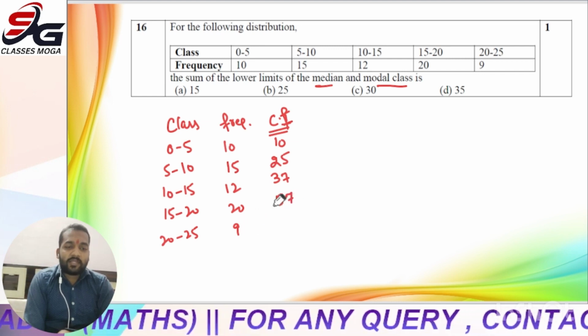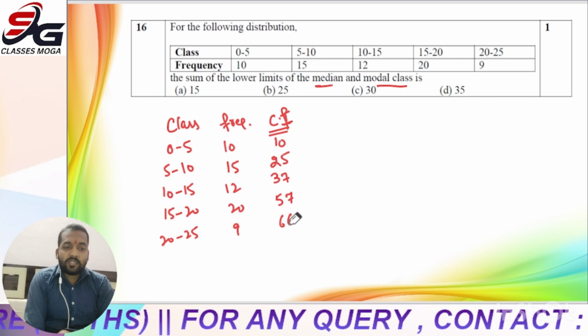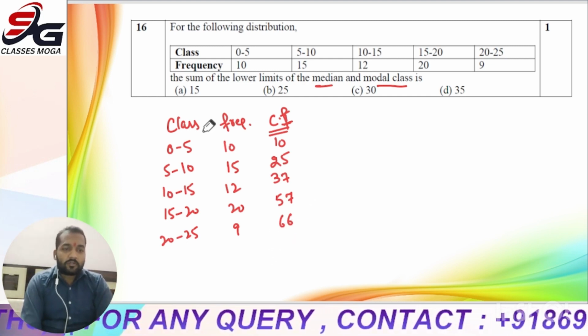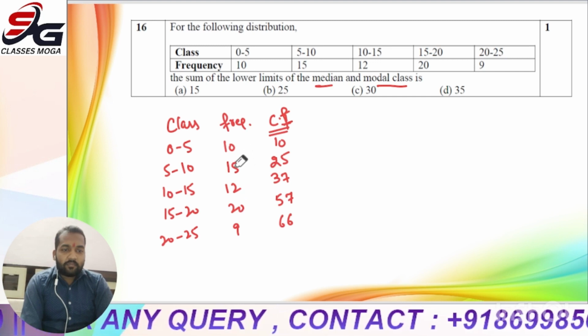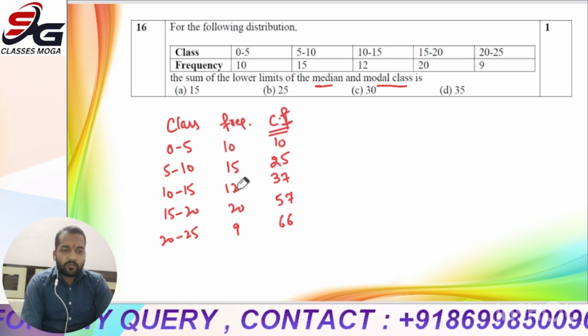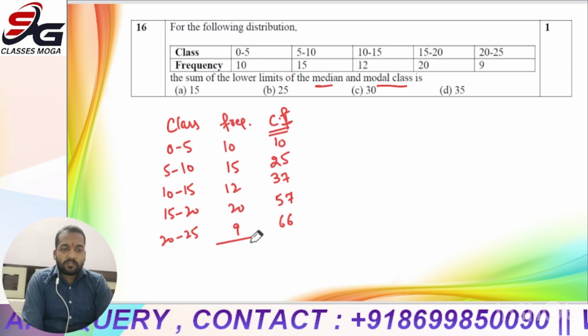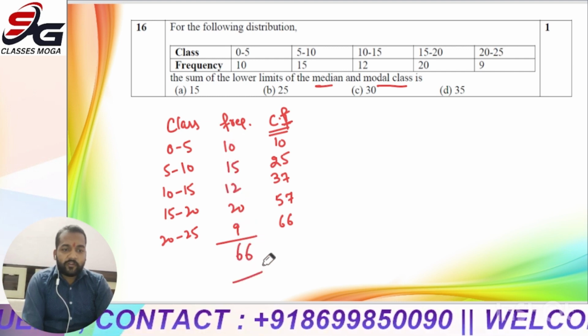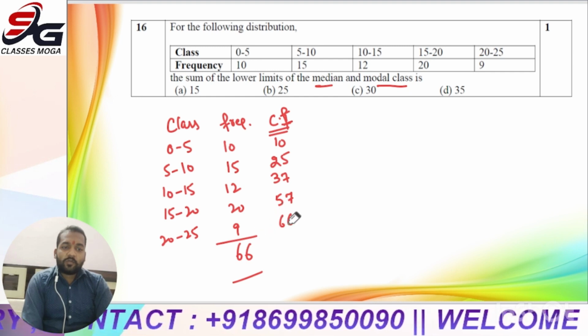Then you add this 9, it becomes 66. You can also check by adding these numbers. So 5 plus 2, 7, and so on, it is also the same.